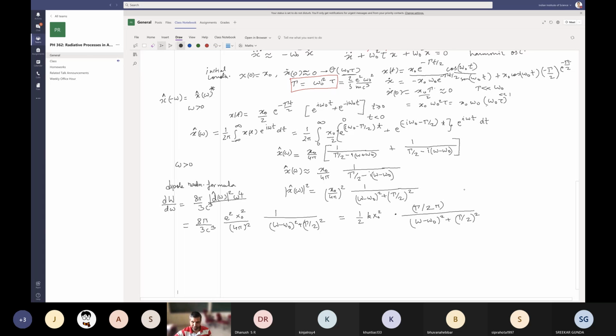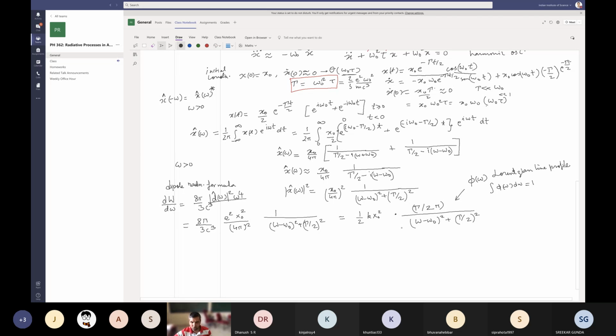Okay, now this is sort of like a line profile phi omega, and it's normalized. This is just a Lorentzian line profile, and this is normalized such that the integral of phi omega d omega equals 1 over all frequencies.